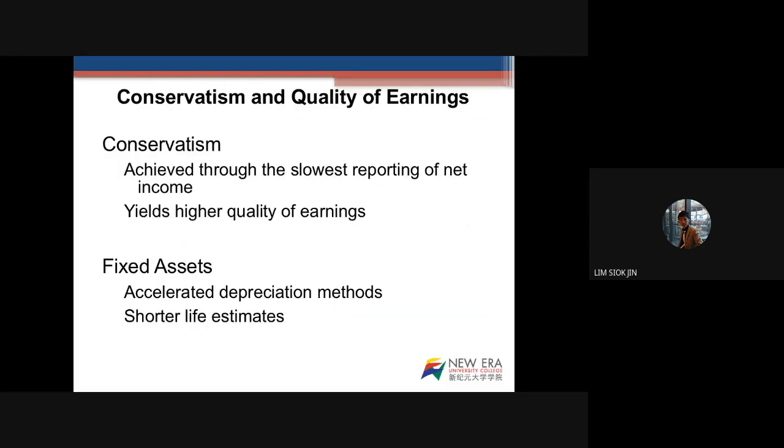Okay. So a lot of companies, when they come up with an annual report, they usually try to be conservative, and also try to improve the quality of earnings. So no matter how bad the company is or how good, they will try to improve in their annual report using these methods. So of course, when they want to report something, especially their ratios, they want to make it look as good as possible.